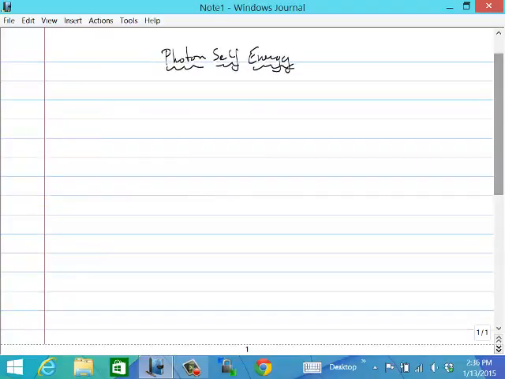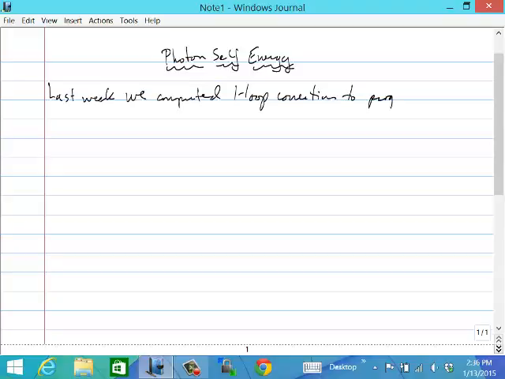Okay. So let me just remind you. Last week, we computed the one-loop corrections to the propagator of phi to the fourth theory, or maybe it was phi cubed. I guess it was phi cubed theory.